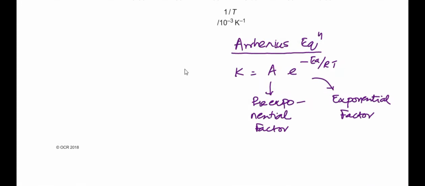If we take ln on both sides, we get ln K is equal to ln A. I can put all of them in the bracket first. E to the power of minus EA over RT.